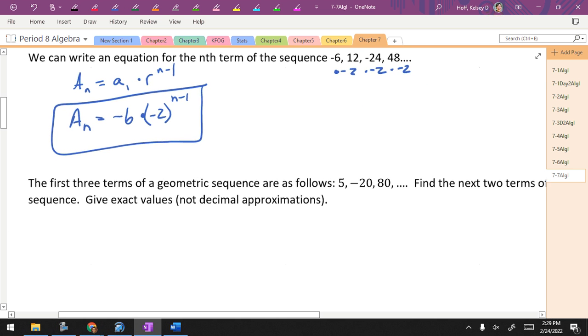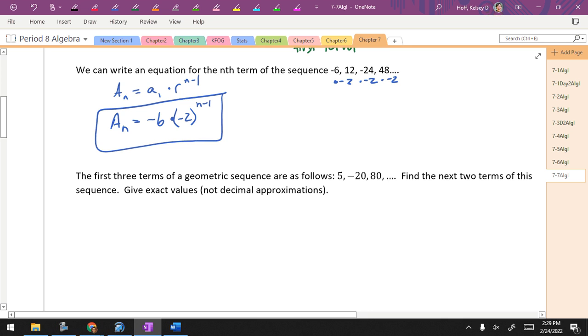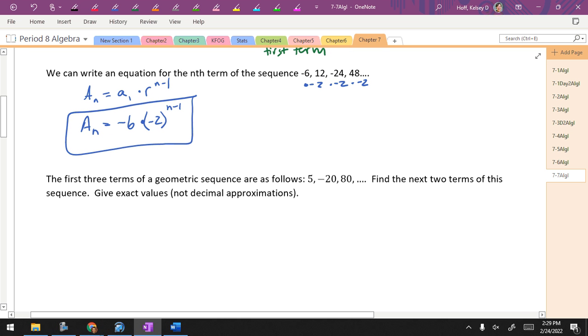The first three terms of a geometric sequence are as follows: 5, -20, 80. Find the next two terms of the sequence. Give exact values, not decimal approximations. What are my next two terms? In other words, the next two numbers in this. -160?